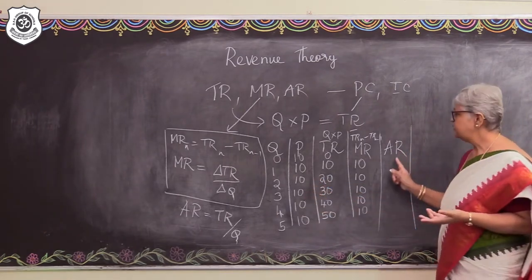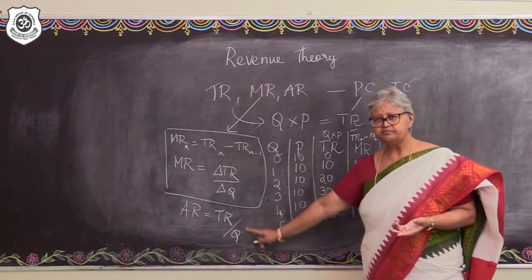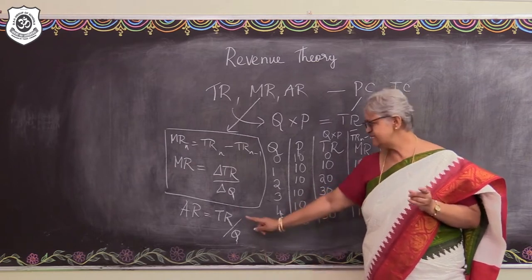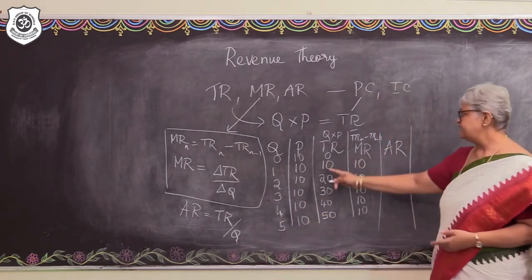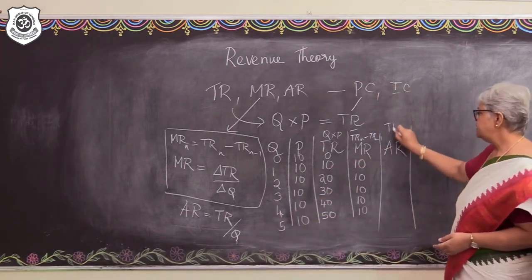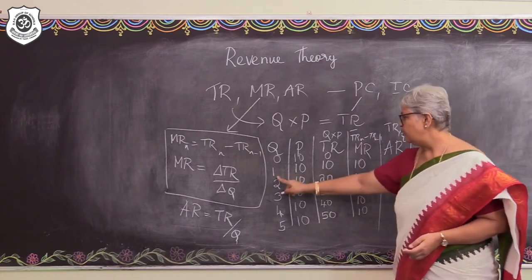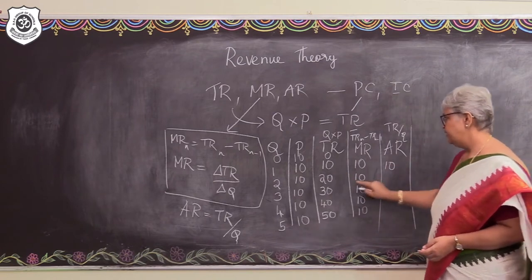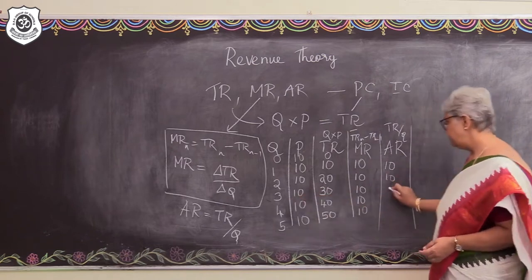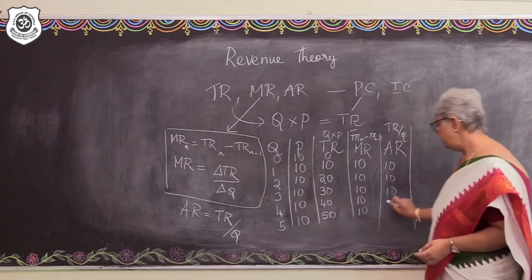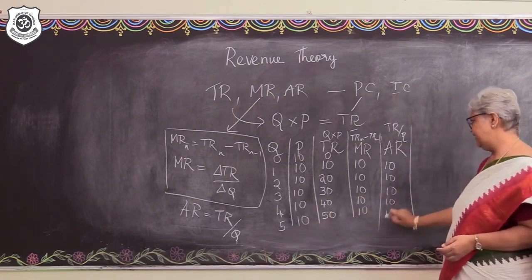Yeah? So let's see the average revenue. Now, average revenue is the per unit revenue, which is TR divided by Q. Fine? So, as per this schedule, the TR divided by Q would give you 10 by 1, which is 10, and then 20 by 2, which is 10, 30 by 3, which is 10, 40 by 4, again 10, 50 by 5, that is 10.